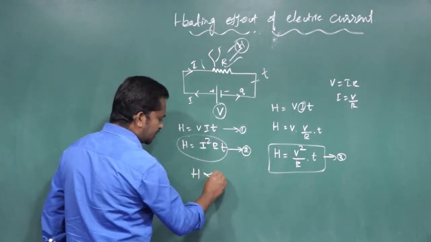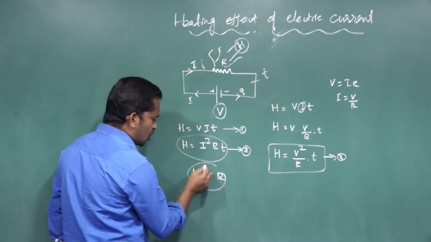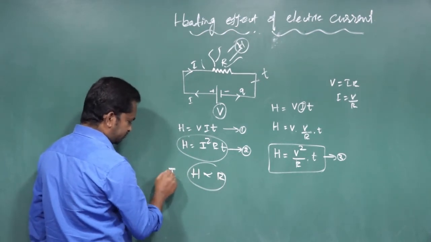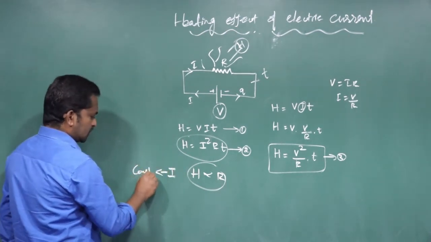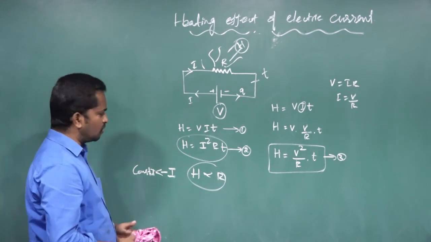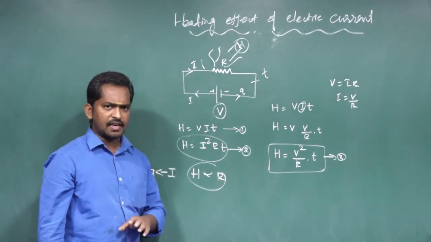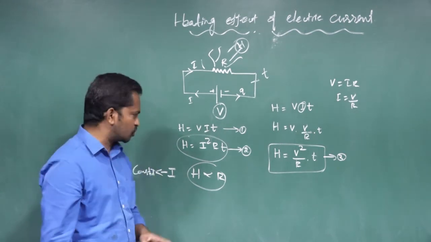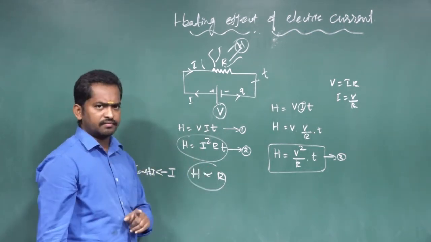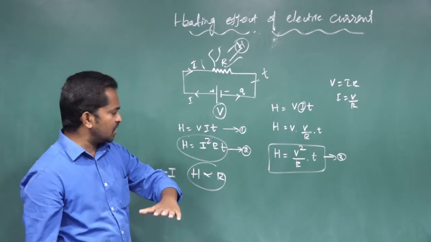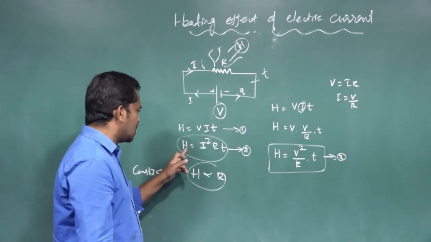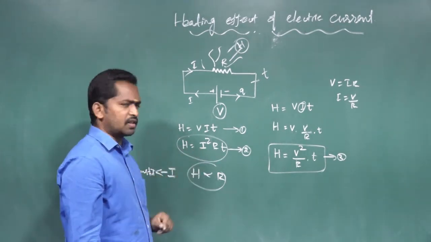H is directly proportional to resistance when current is constant. See, an important rule. Heat energy is directly proportional to resistance when current is constant. When current is constant, we are using H is equal to I square RT.